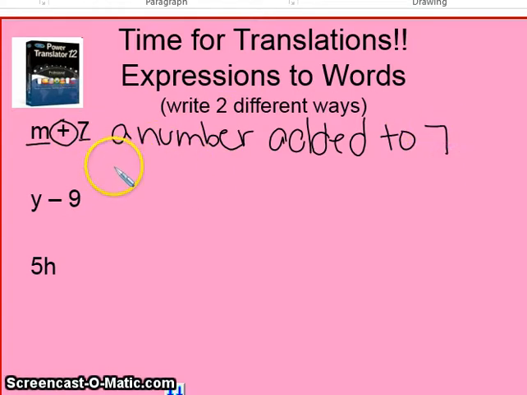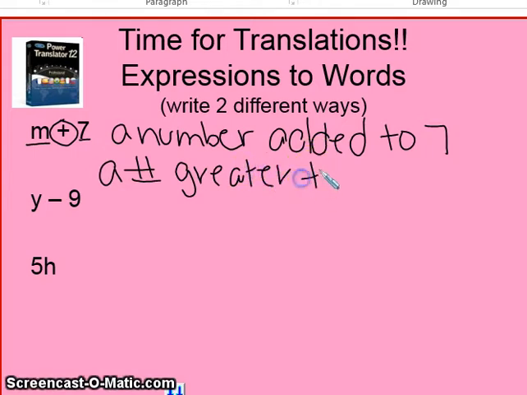Another possibility we could use is a number greater than 7. You could also say a number more than 7, the sum of a number and 7, or you could say the total of m and 7. There's lots and lots of different ways to translate this into words.